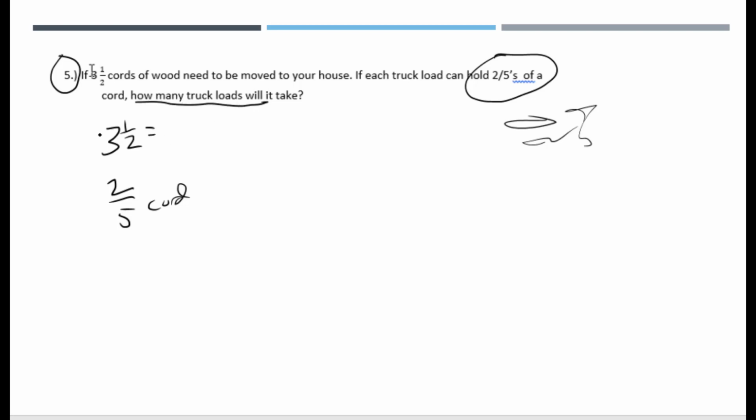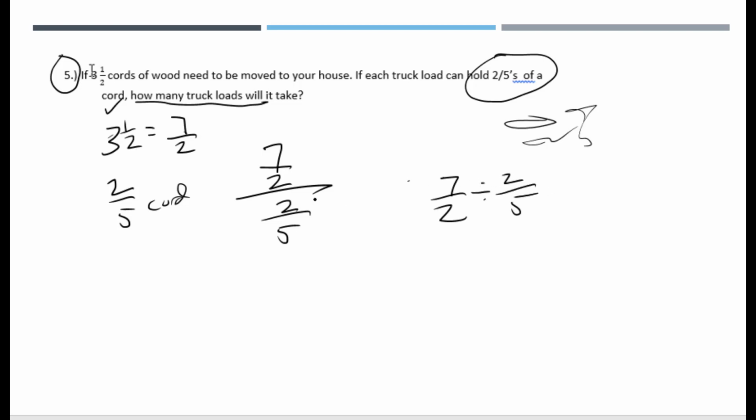Well, first of all, this mixed number is probably best as a fraction. So this is going to be 7/2. So what I have is 7/2 divided by 2/5. Now I'm going to do this with our knowledge of how to divide. So I've got 7/2 divided by 2/5 is the same as 7/2 times 5 over 2.